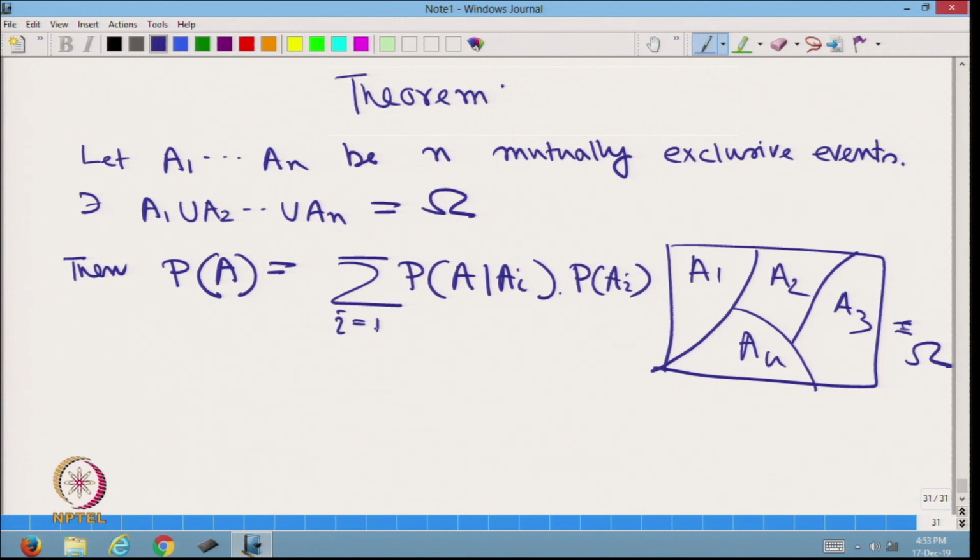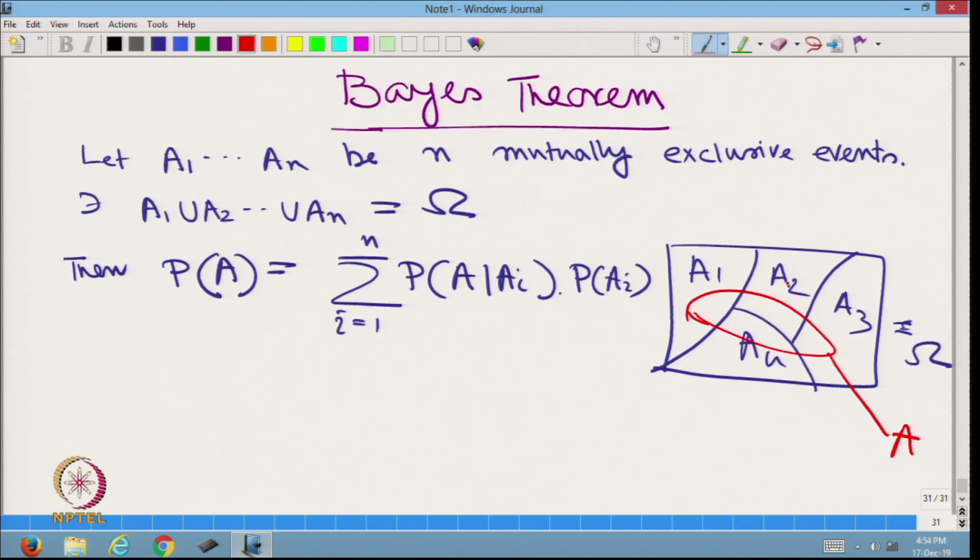In this case, with respect to this example, suppose my event is this, this is my A, then probability of A is going to be probability of A given A1 multiplied by the probability of A1, plus probability of A given A2 multiplied by the probability of A2, and like that others.